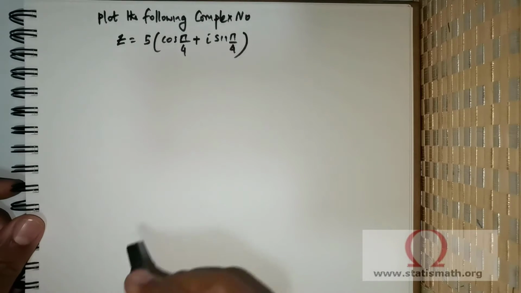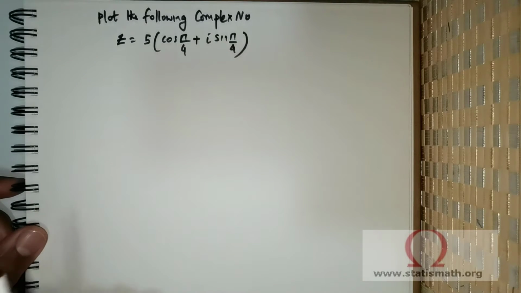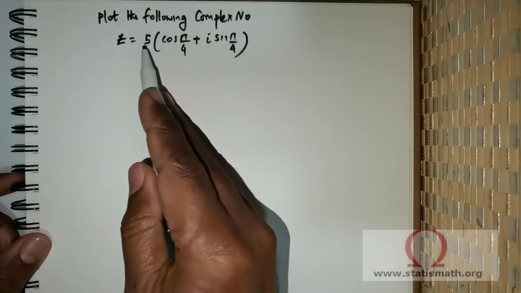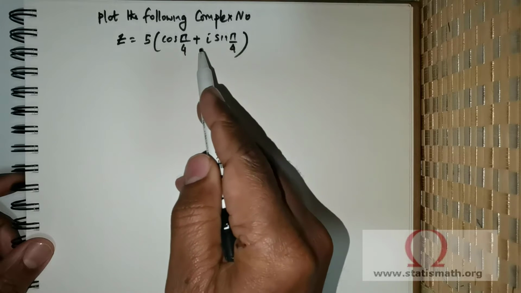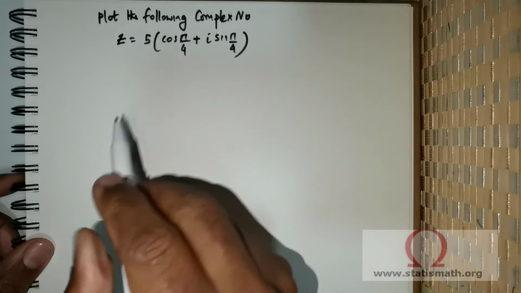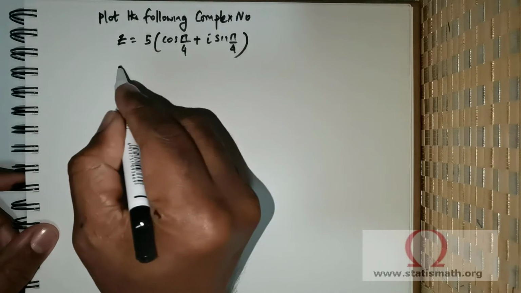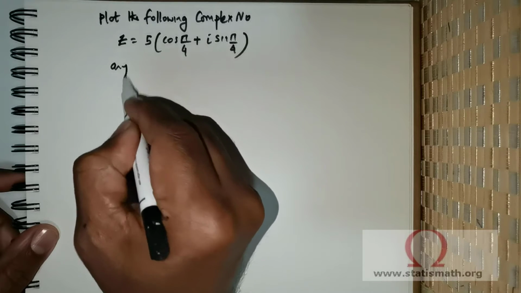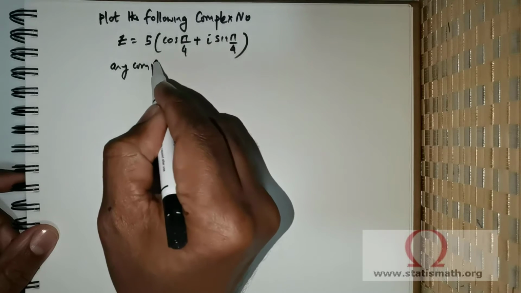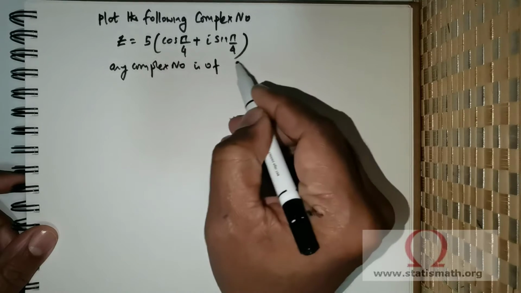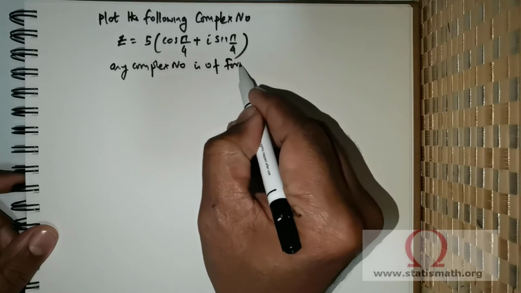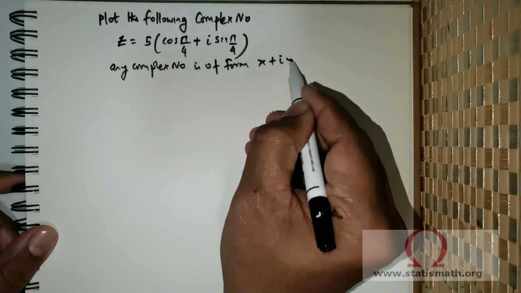Students, we are given this question. We are expected to plot this complex number z equal to 5 times cos pi/4 plus i times sine pi/4. Now we know that any complex number can be written in the form x plus iy.